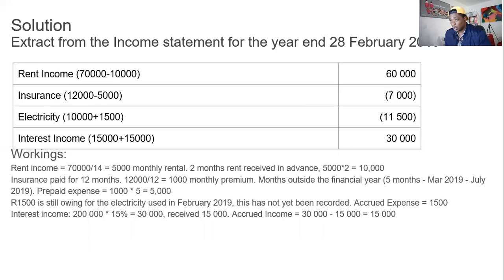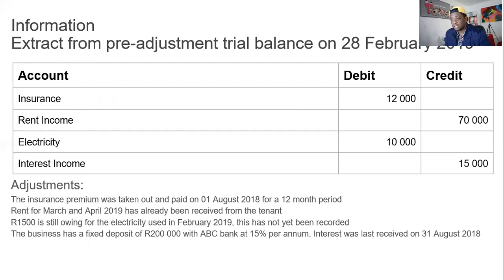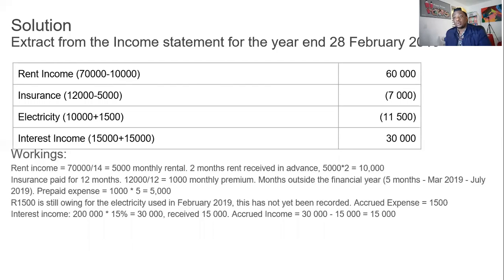Cool. And then insurance. If you remember well, insurance was taken on 1 August for a 12-month period, which would end on the 31st of July 2019. That means the months that fall outside would be March, April, May, June, July, after 28 February 2019. So it would be 5 months. Insurance was paid for 12 months, so 12,000 divided by 12 gives a monthly premium of 1,000.